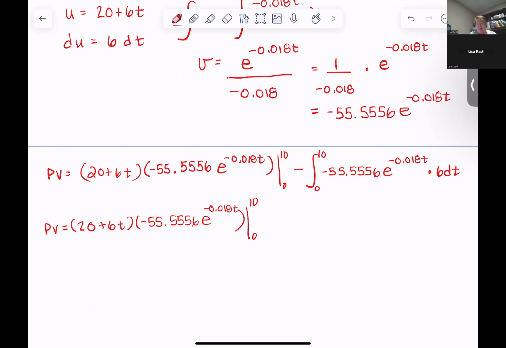You could go ahead and evaluate that first part so you don't have to keep writing it over and over again. Go ahead and put the 10 and the 0 in there and evaluate that. I'm going to wait till the end.